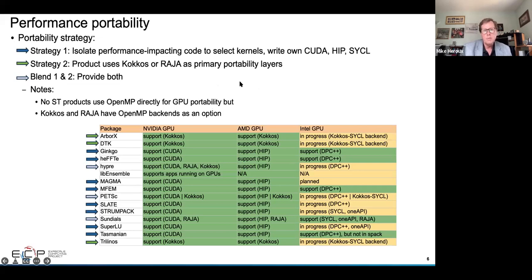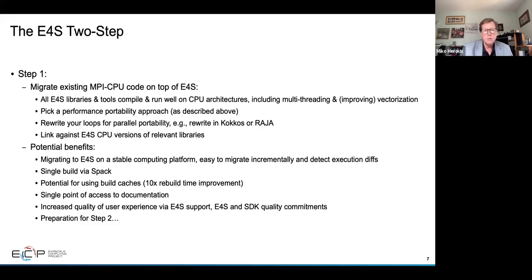You can write on top of Kokkos or RAJA, for example, and rewrite your loops in terms of these portability layers, and execute on a CPU platform with multi-threading and some vectorization support. Teams are working on that. So side by side with all the GPU work that's going on for ECP, all these libraries and tools already support CPUs.